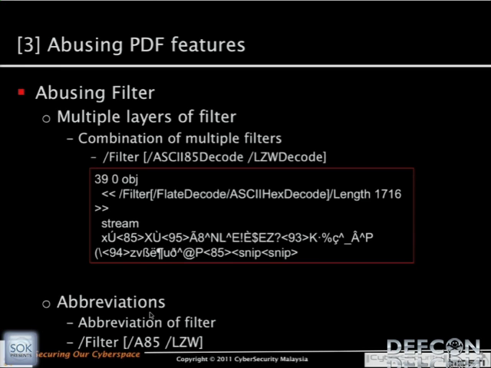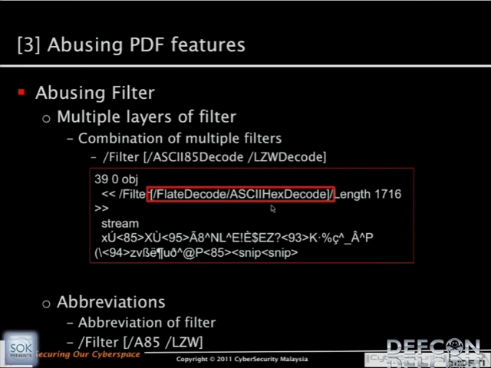You can also abuse the filter by implementing multiple layers of filters. For example, you combine ASCII85Decode with LZWDecode. There is no limit to how you can play around with it, so you can add multiple filters. For example, this one implements FlateDecode and then ASCIIHexDecode later on.